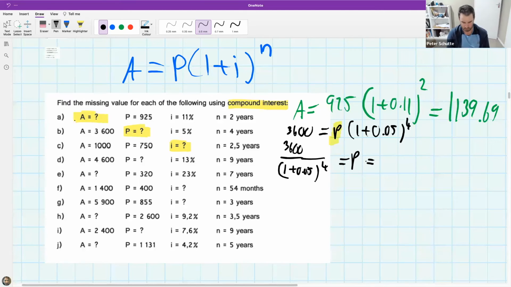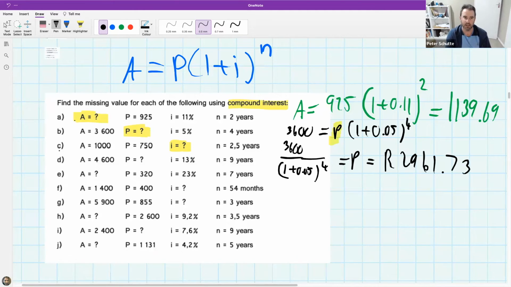Let's see what my calculator said. We should get 2961.73 for rounding there.